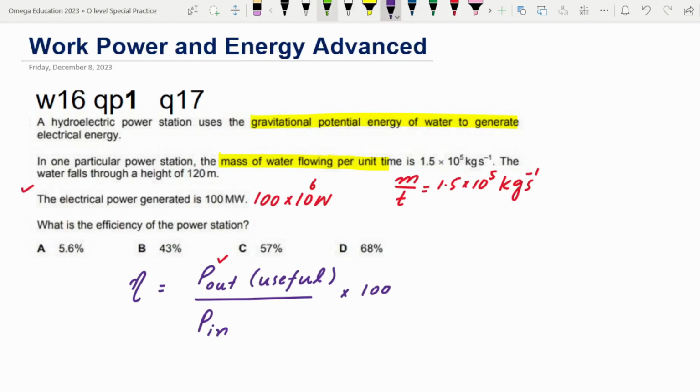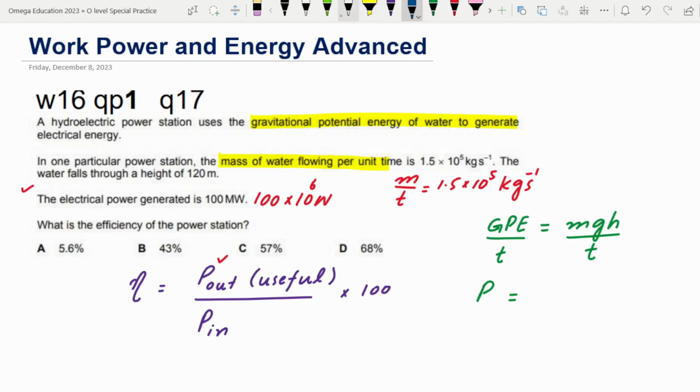Can you give me the formula of gravitational potential energy? If I divide the energy by time, on both sides, energy per unit time, or the rate of transfer of energy, is power, and that equals mgh over t.